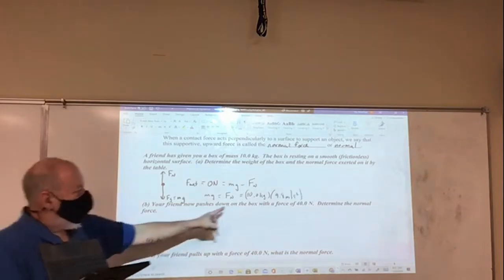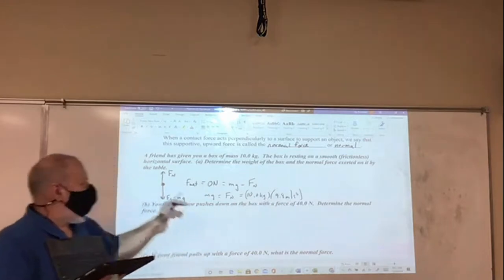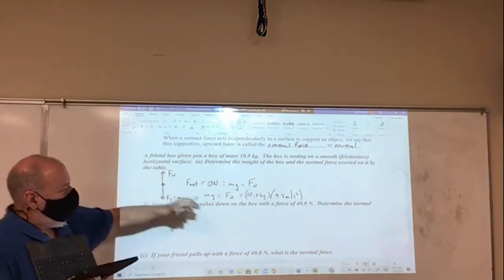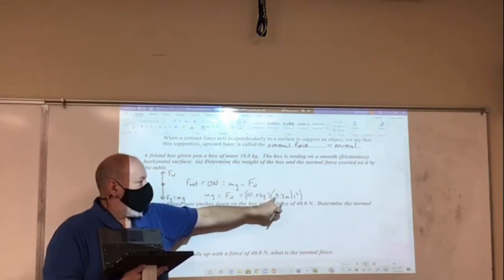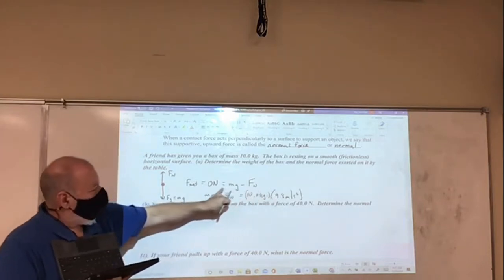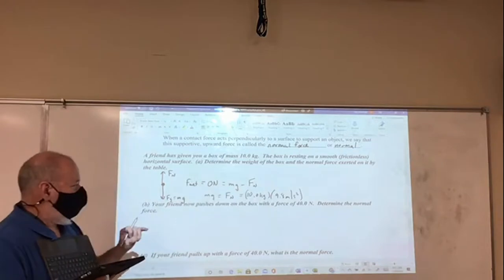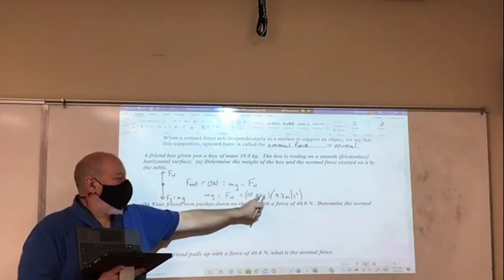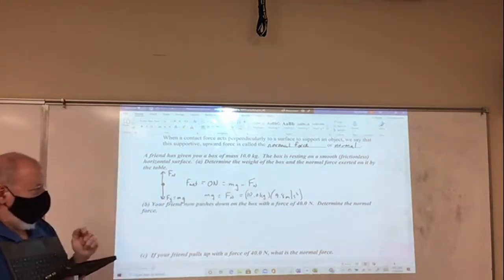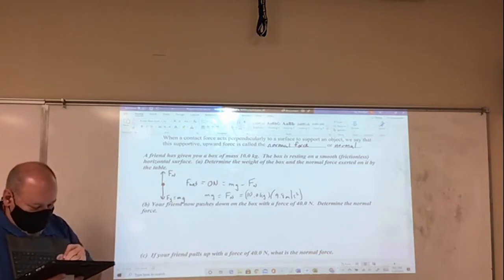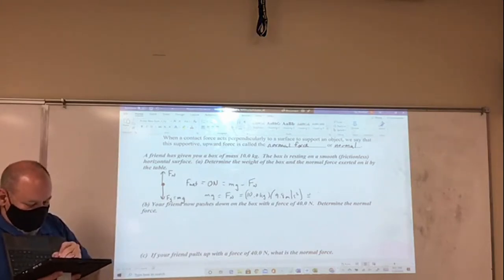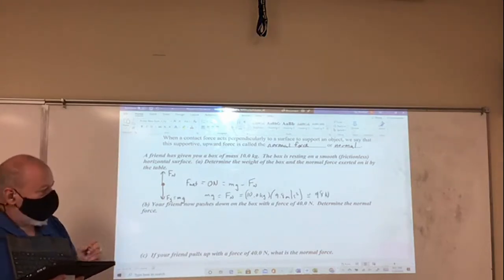And again, when we use gravity in a force setting, we don't put the negative sign there because our math will take care of that for us. Our net force equation will take care of assigning the negative value, and we end up with 98 newtons.